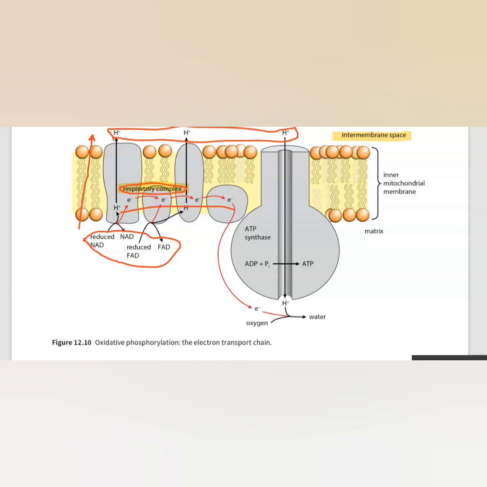When these hydrogen ions are increased here, they diffuse back into the matrix through a channel. This is a channel protein, and they diffuse back due to the concentration gradient. As there is now a high concentration in the intermembrane space and low concentration in the matrix, facilitated diffusion occurs through these channel proteins.